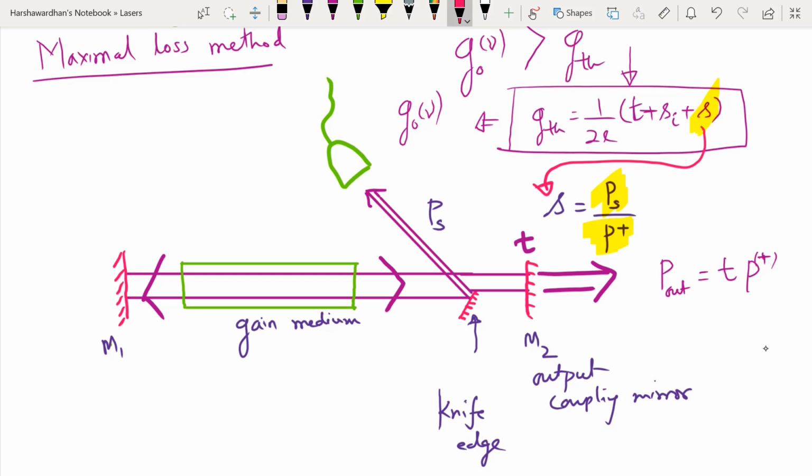That particular value of the G threshold obtained is exactly equal to the small signal gain, because small signal gain is the situation wherein one is just overcoming the losses for the lasing to take place. So any reduction in this scattering loss is actually going to lead to gain. It is at that point that we have experimentally measured the small signal gain.